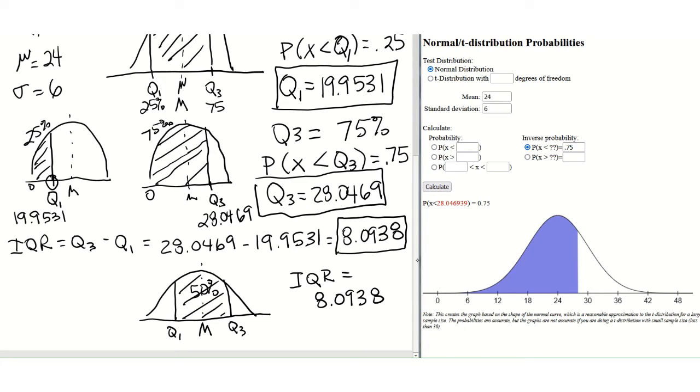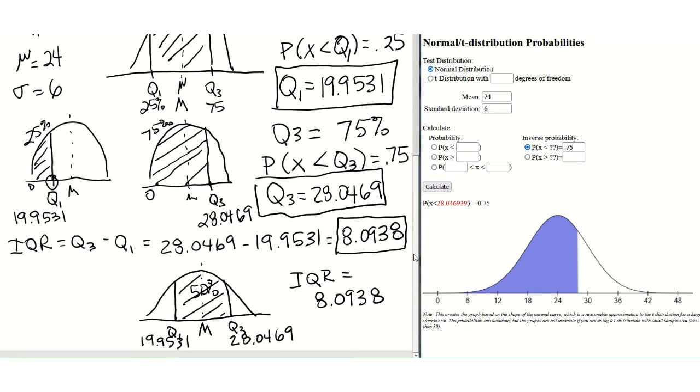So that tells me that the values between my Q3 and my Q1, so my Q3 was 28.0469 and my Q1 was 19.9531. That difference is 8.0938. So if you get an IQR problem, this is how you're going to solve it.